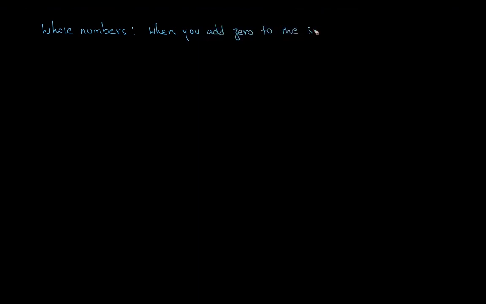When you add 0 to the set of natural numbers, then those numbers are called whole numbers. That's all, very simple. It is denoted as W.